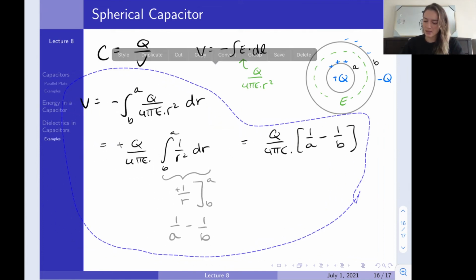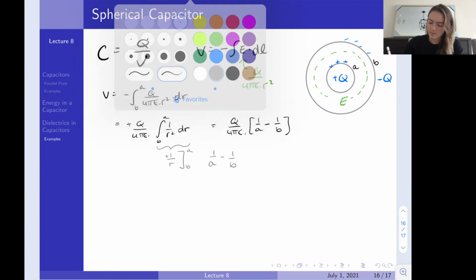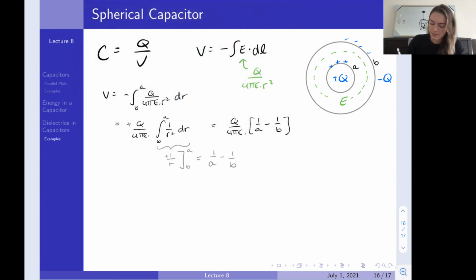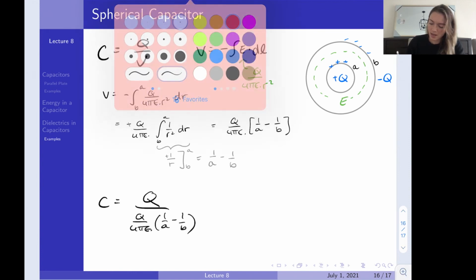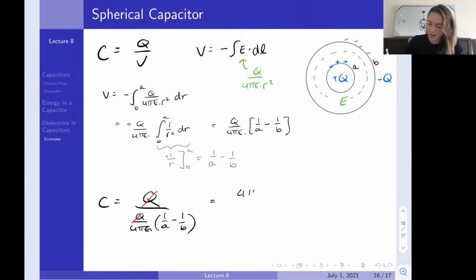And now I can find my capacitance. My capacitance is just Q, which I already have, over V. So that's Q over Q over 4 pi epsilon naught times 1 over A minus 1 over B. My Q's obviously cancel right away, so I'm left with 4 pi epsilon naught over 1 over A minus 1 over B. But this is a little bit ugly.